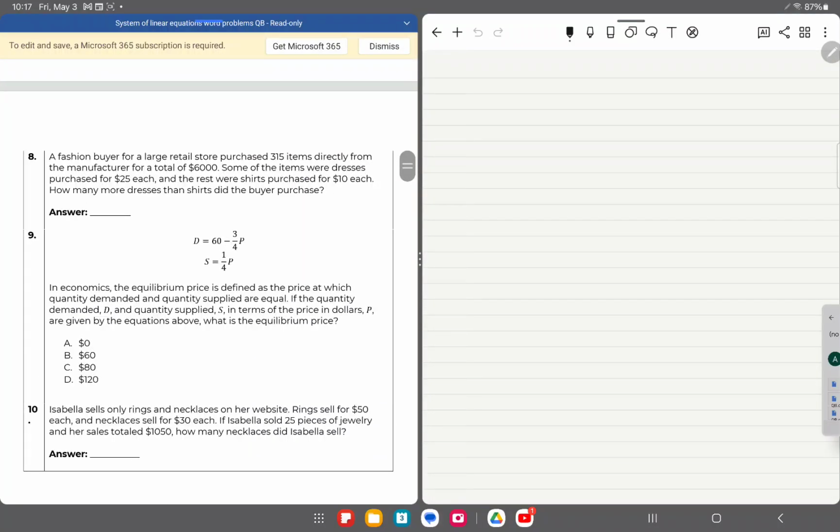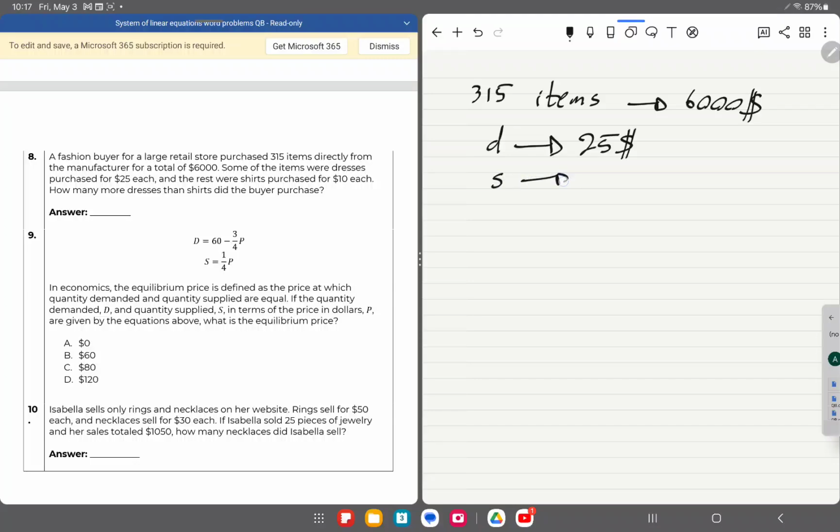Okay, so a fashion buyer for a large retail store purchased 315 items from the manufacturer for a total of $6,000. Some of the items were dresses, so a dress is $25 each, and a shirt is $10 each.